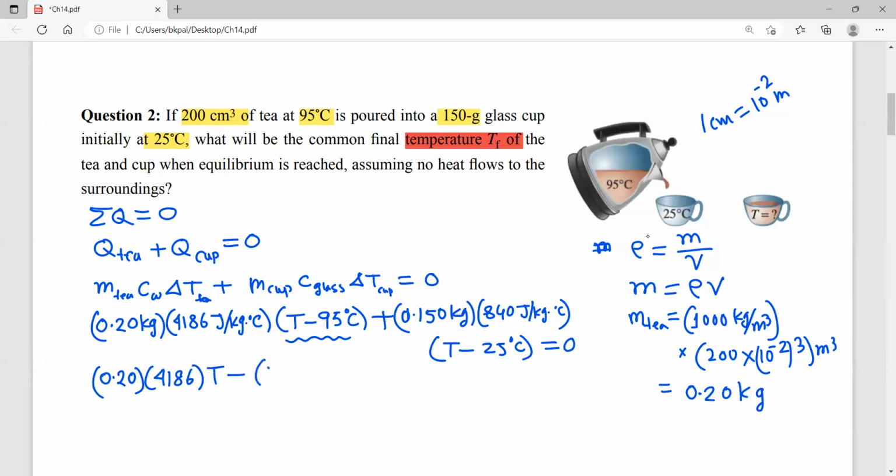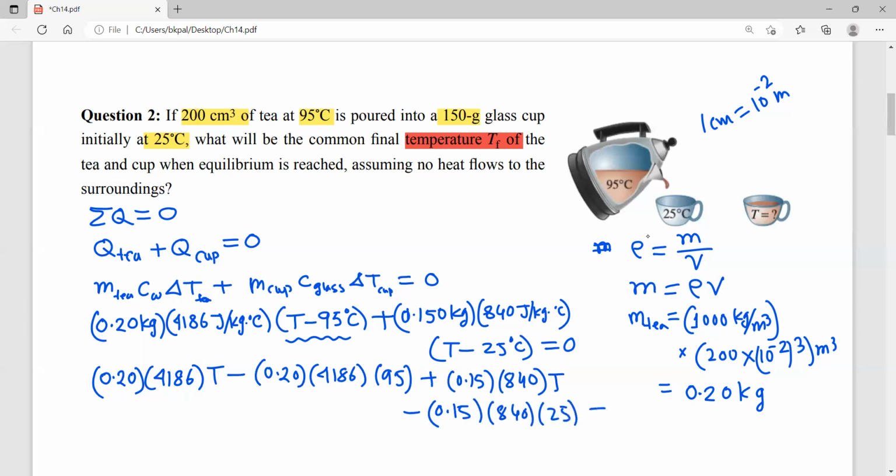Minus, so plus 0.15, then 840 T, and then minus 0.15, 840, and 25 equal to 0.